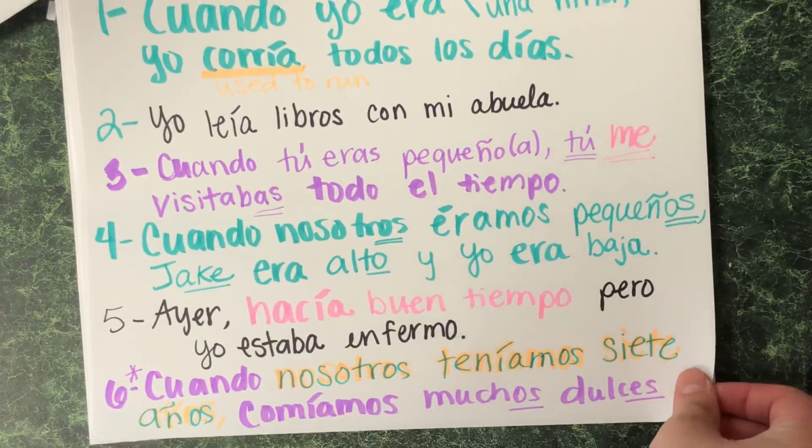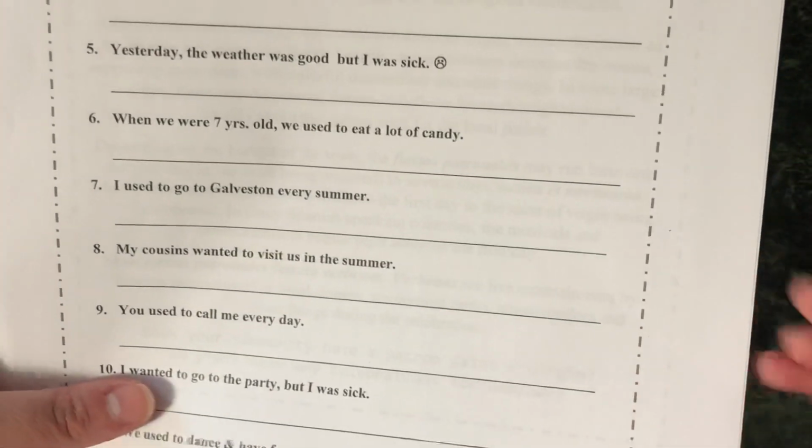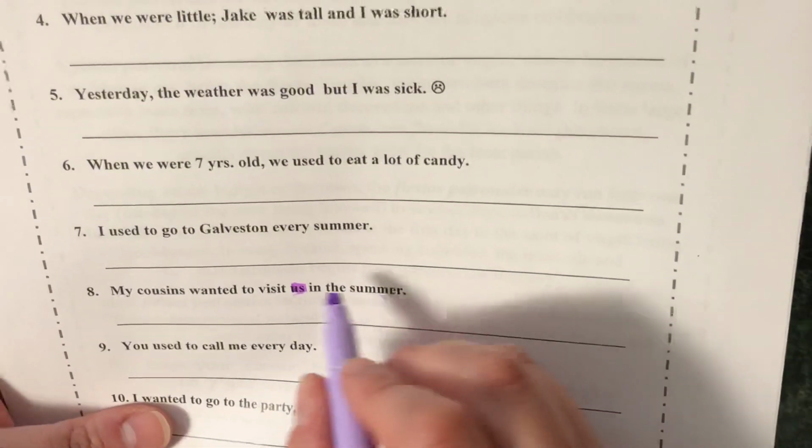All right, next one. We're almost done. Bear with me. Number 8. Says my cousins wanted to visit us in the summer. Put a star on that one. Visit us. That's your IOP.